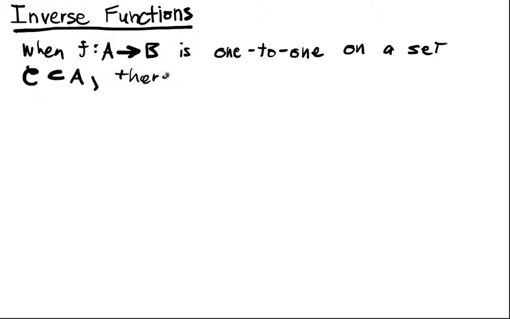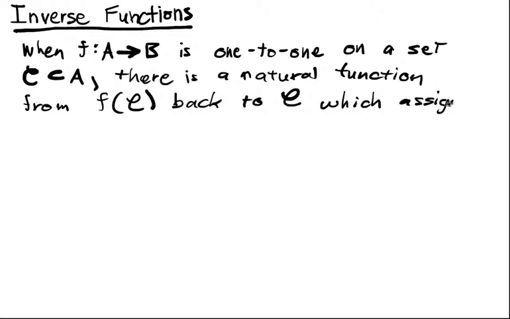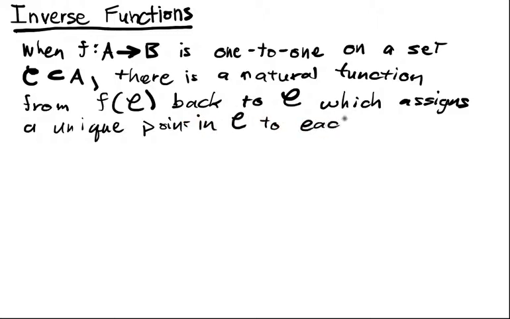there is a natural function from the image of C under F back to C, which assigns a unique point in C to each B in the image of C. This is the inverse function.